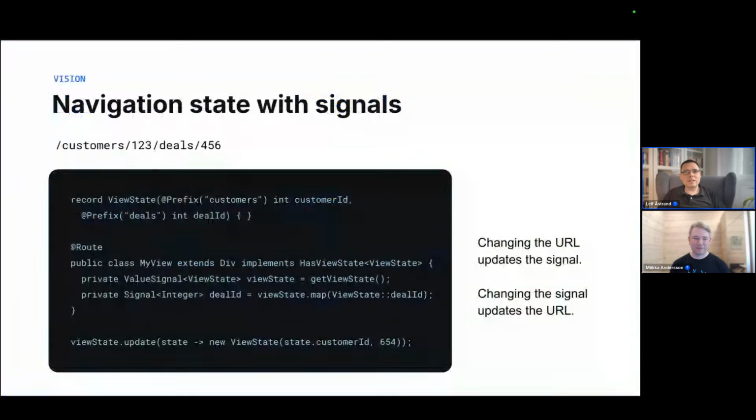But the first thing is routing. One quite cool thing we could do is if you have some nested routes, like in this case we have customer number 123, and then each customer has a bunch of deals, and now we have deal number 456 selected here, and that somehow affects what we have in the UI. Then what if this navigation state of the view would also directly be a signal?